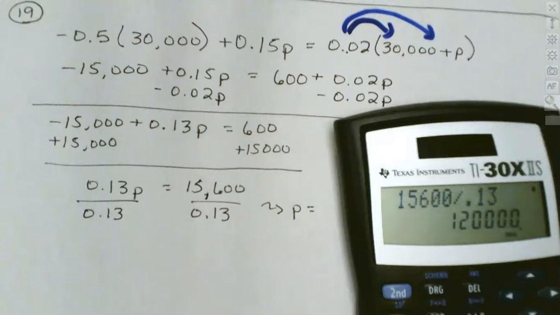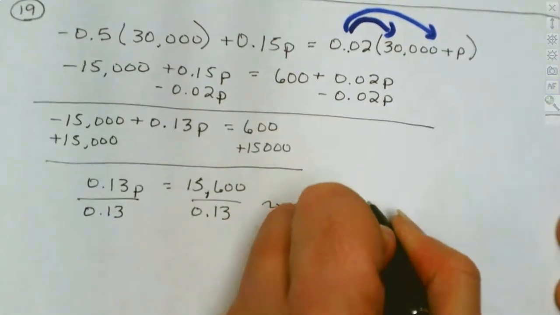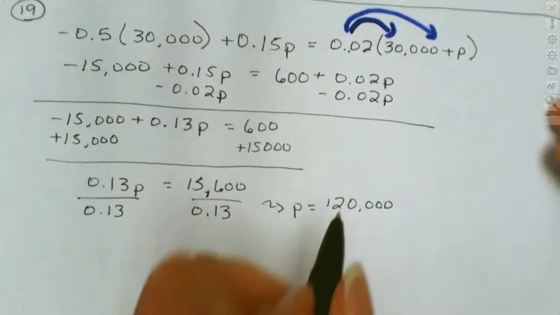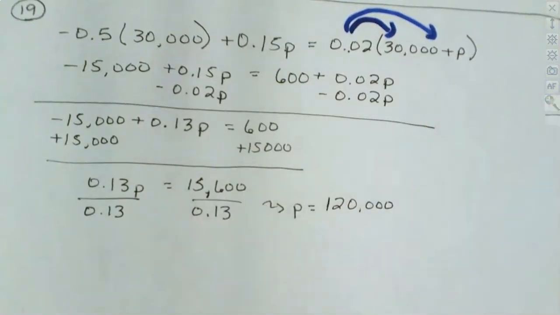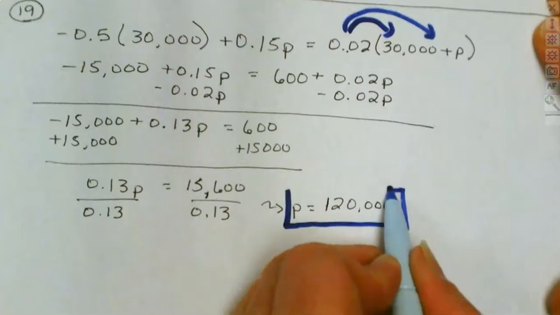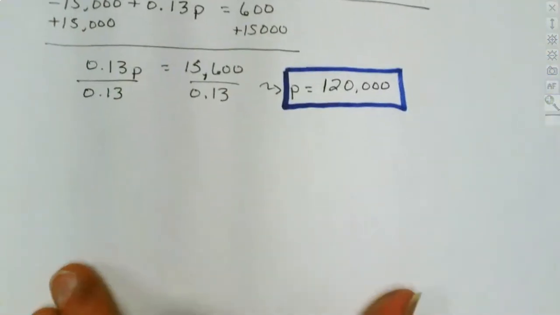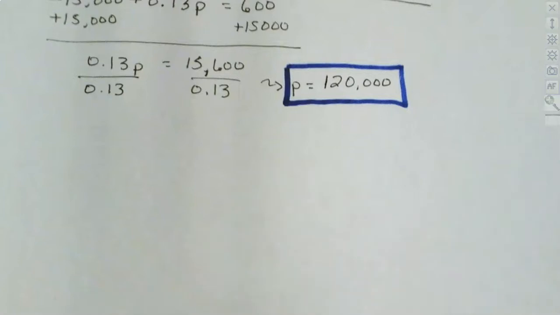That gives you then 120,000. So P is going to equal 120,000. All we did was use our calculator. You could, again, clear out the decimals, but I think that's way more confusing than just using a calculator. So that's how we work out that question.